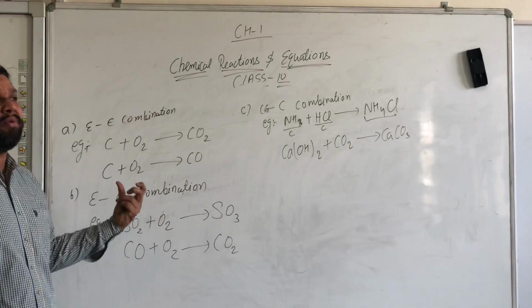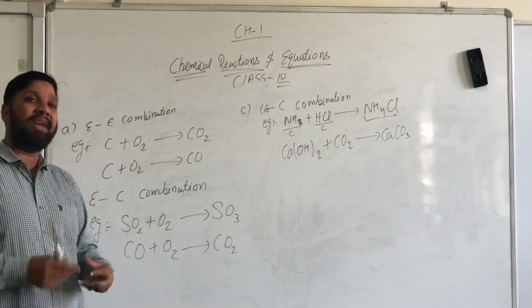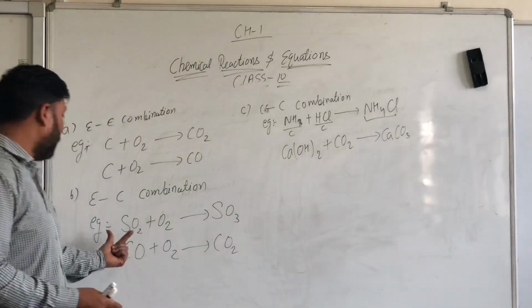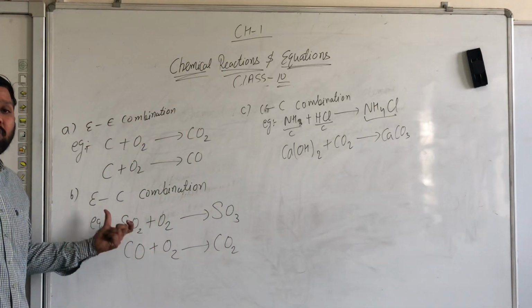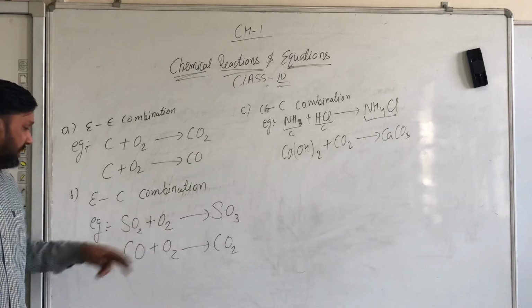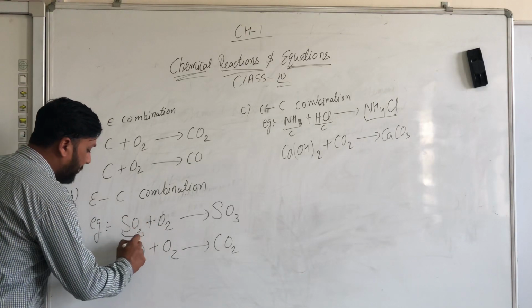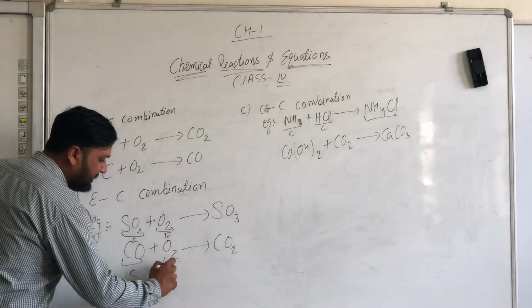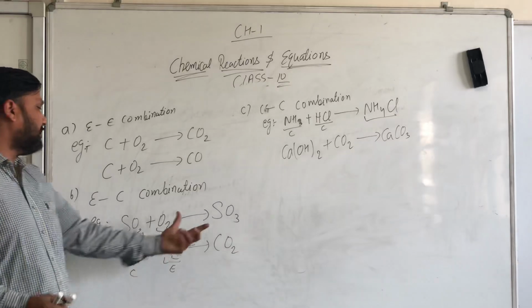Again, element-compound is one in which one type of atom reacts with a species which contains more than one type of atom. Here SO2 has two types of atom, sulfur and oxygen, and it reacts with oxygen. So this is a compound and this is an element, forming a single species.